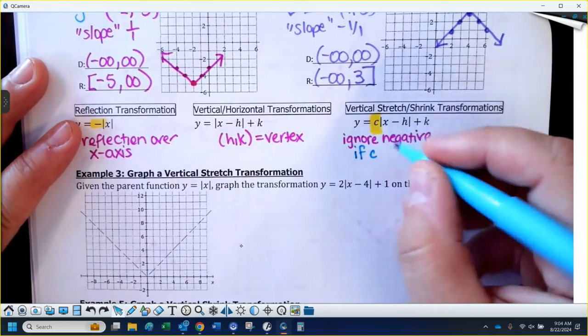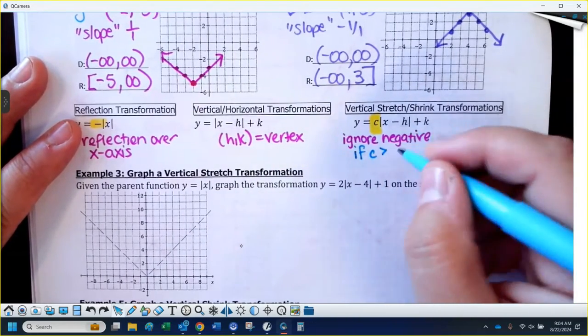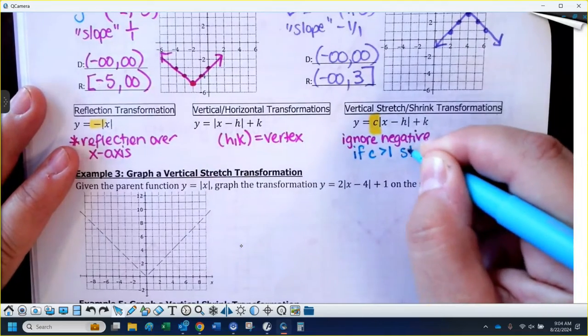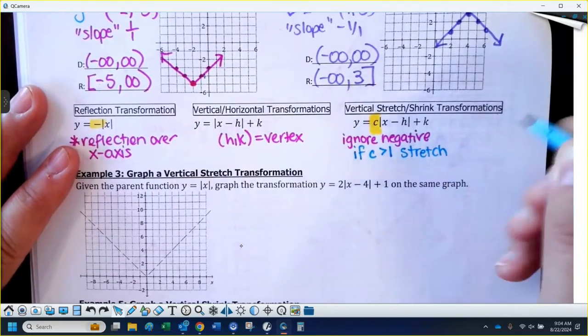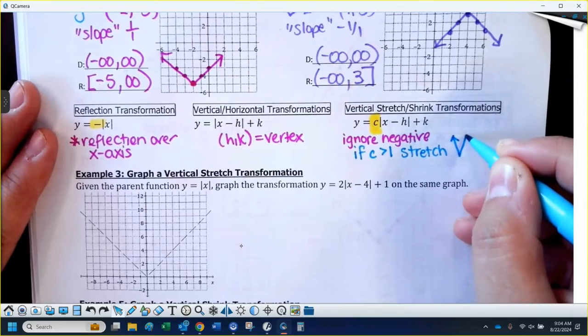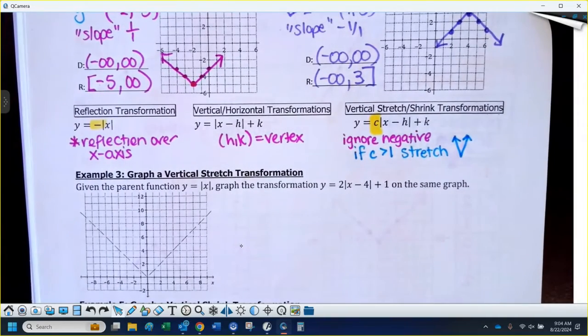If that C value is greater than 1, like if I have a 2 out in front or something like that, this is called a stretch. And basically any kind of a stretch is going to make the V shape more narrow than what we've been graphing so far. If it's equal to 1, it'll just be like the ones that we've graphed. If it's greater than 1, it's going to cause a stretch.